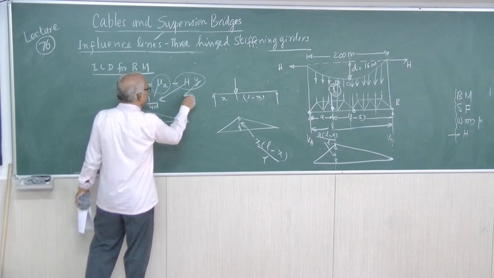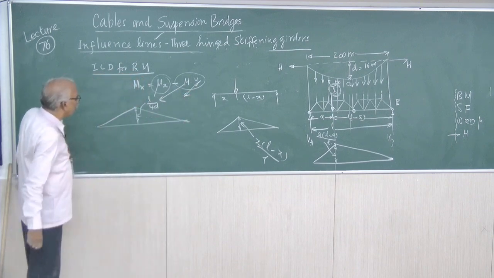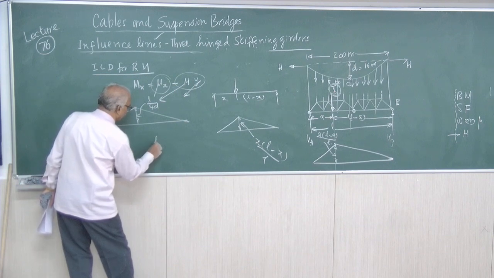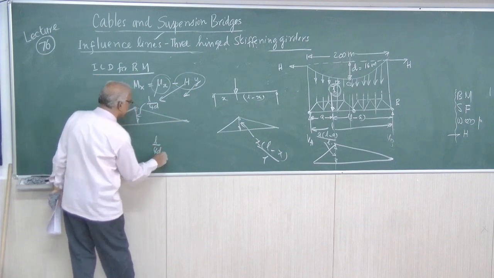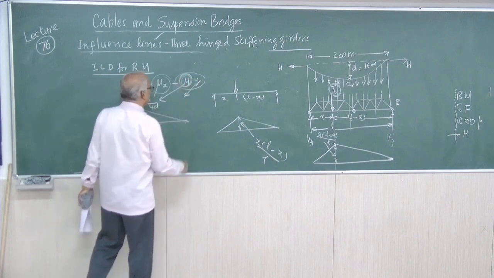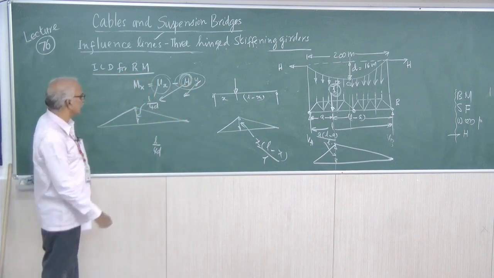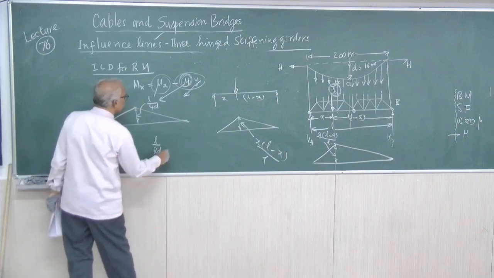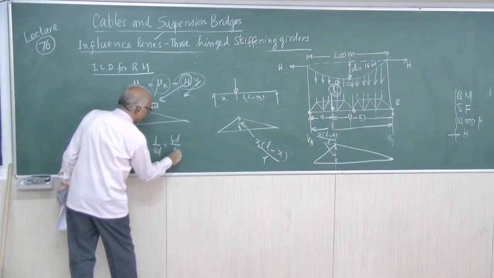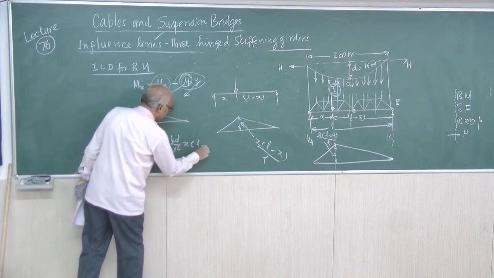What about y? H equal to L by 4d. So this we have already derived, so we need not derive this again. Y, H into y, you know, it is 4d by L square, x into L minus x.